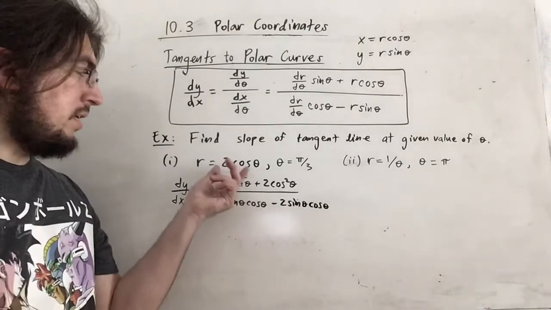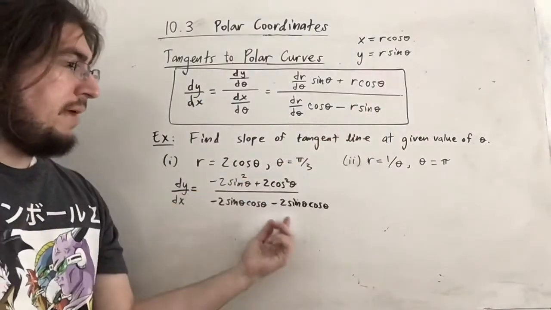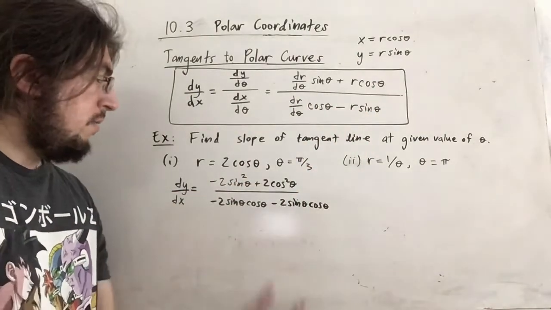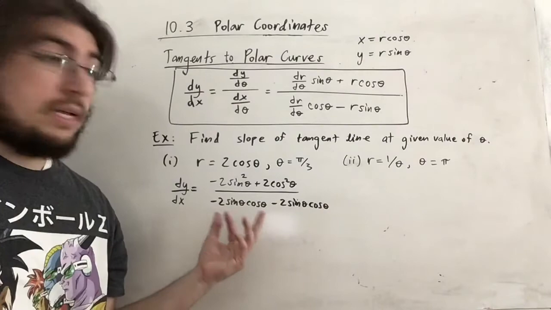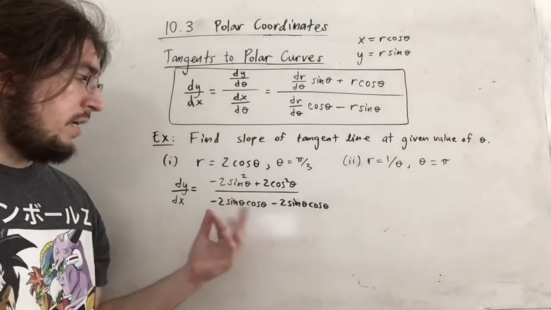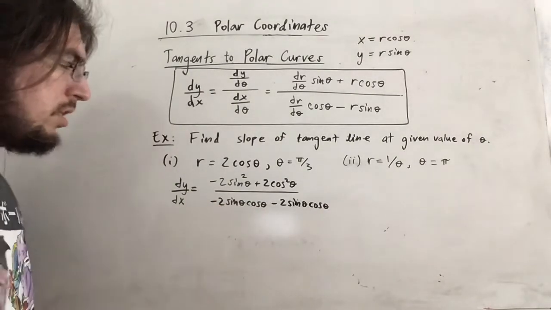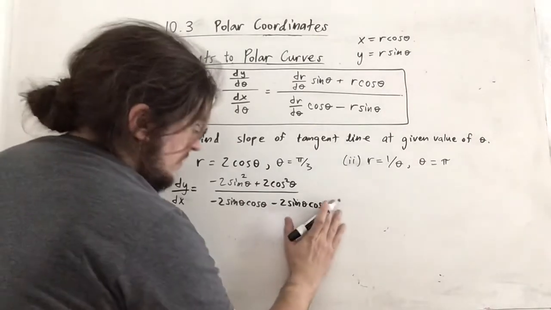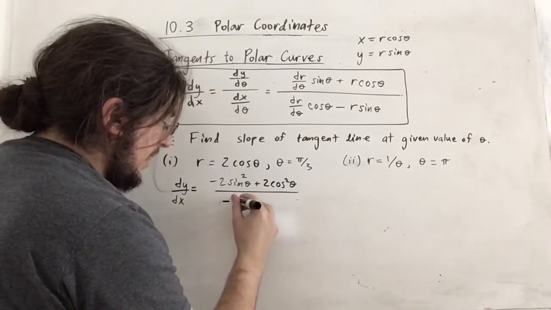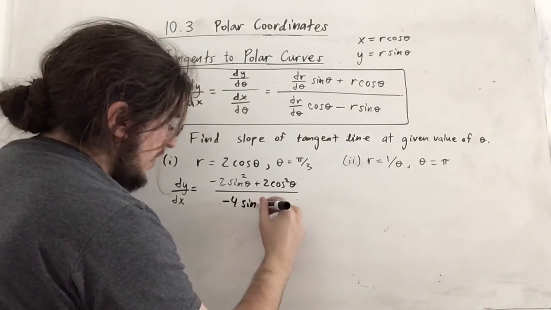The cosine part comes from r, of course, and the sine part came from the formula. Well, anyways, these two definitely combine. They combine to negative 4 sine theta times cosine theta.